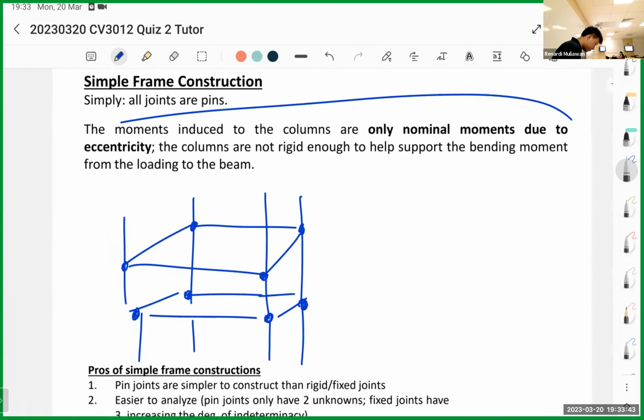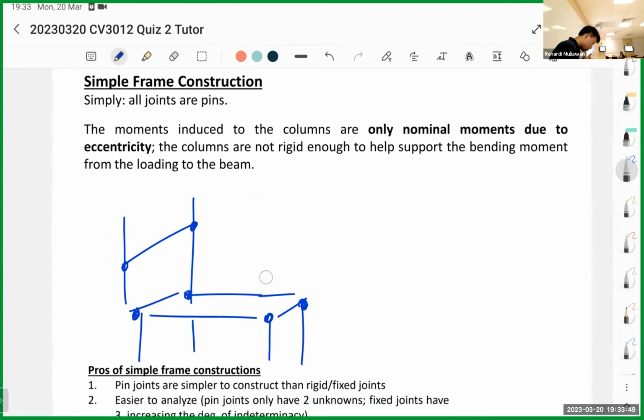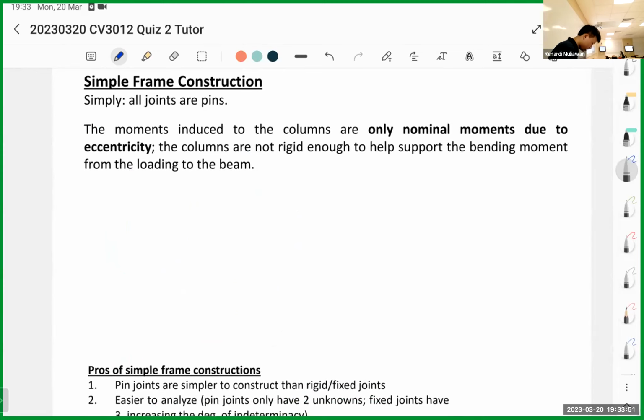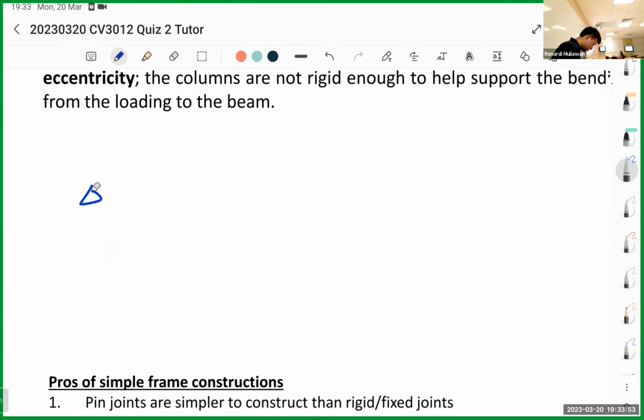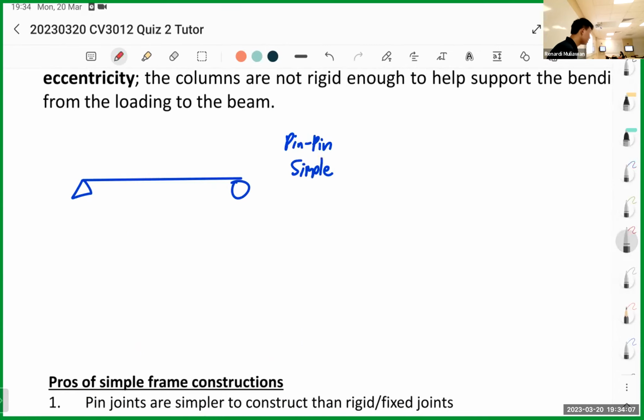So the moments induced to the columns are only nominal moments due to eccentricity. What this means, I'll demonstrate it first. Let's say you have a simple beam, pinned. If you see the bending moment, it's going to look like this.